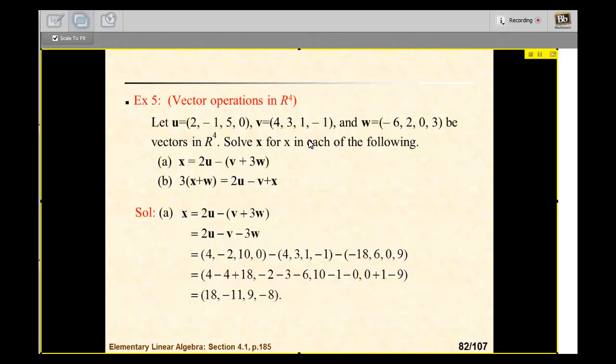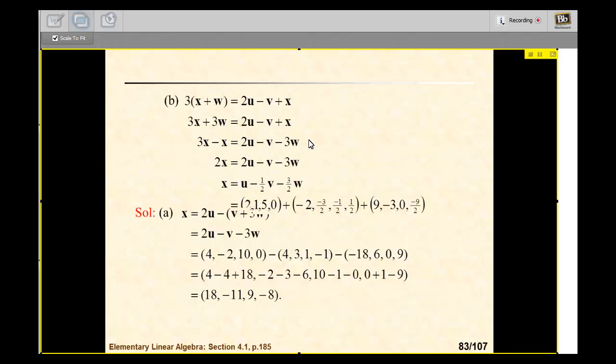Just put the value of u, which will be 2, minus 1, 5, 0. So 2 times 4, 2 times minus 1 is minus 2, 2 times 5 is 10, and 2 times 0 is 0. Similarly, you will put the value of v, that is 4, 3, 1, minus 1, and similarly the value of 3w. So multiply w with 3, that will be 6, 3 times 6 is 18. In this way, you can find the values.